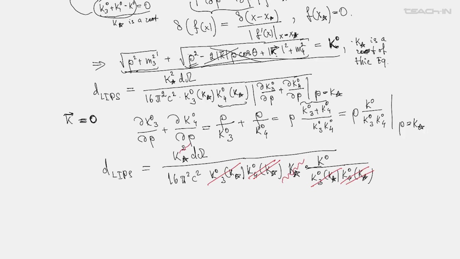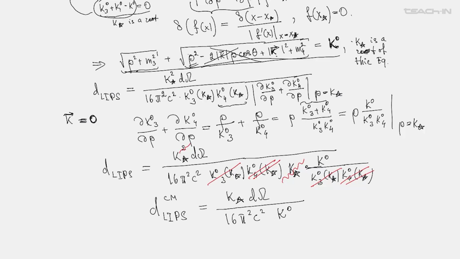Therefore, in this frame, d ellipse takes a reasonably simple form. D ellipse, as computed in the center of mass frame, takes the form k star d omega divided by 16 pi squared c squared k0. So k0 is just the energy of the incoming particles in the center of mass frame.